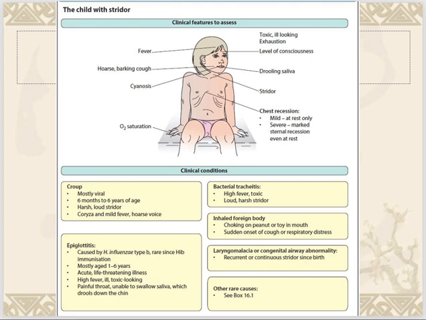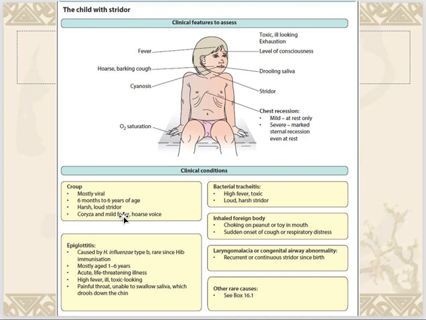This parainfluenza virus causes croup around 75% of the time. It could also be caused by influenza A, influenza B, or respiratory syncytial virus, which is also called RSV.